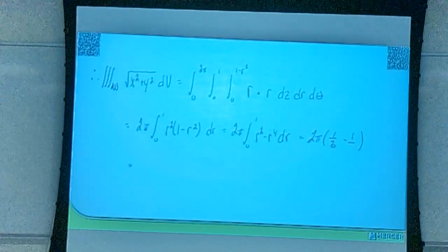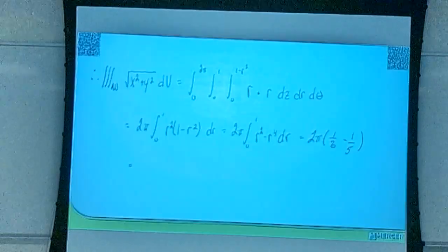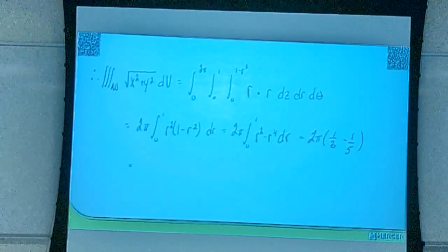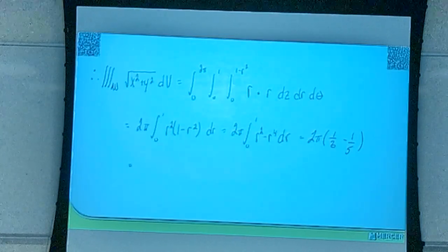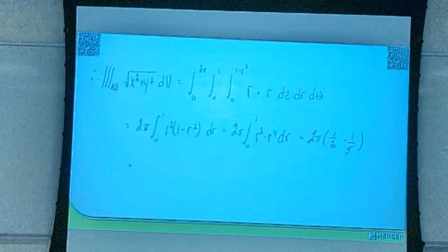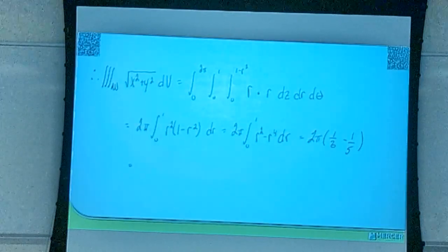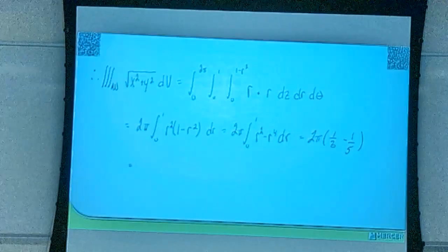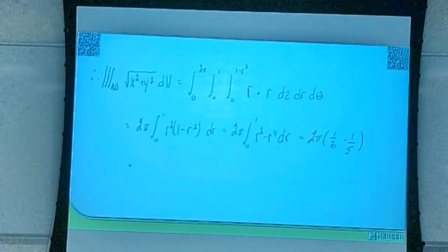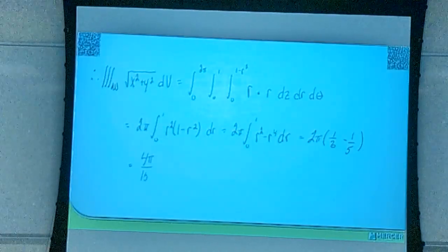What's the third minus the fifth? Let's do fifteenths. 4 pi over 15.